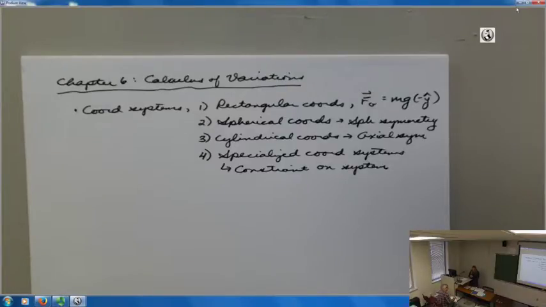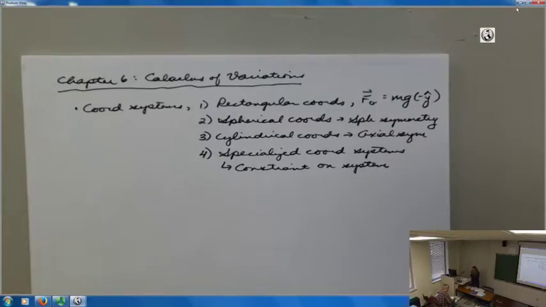I'm trying to think of another one. We had the bead that was confined to the wire, where the distance along the length of the wire would have been the useful coordinate. Those types of systems come up a lot, and in that case, we would like to use these specialized coordinate systems.